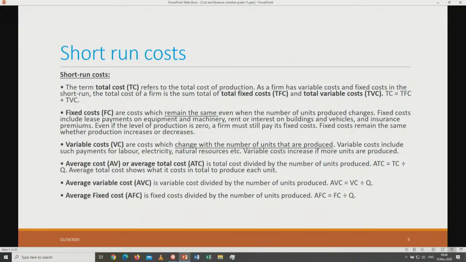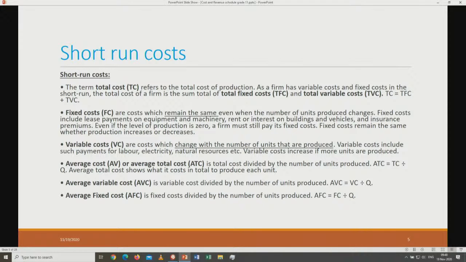So that is our formula there on the screen. Your TC is equal to your TFC, which is total fixed cost, plus your total variable cost. We don't mind, you can just leave them as fixed cost, FC, plus VC. We will understand it's fixed cost plus variable cost. The two together give you the TC, which is the total cost.